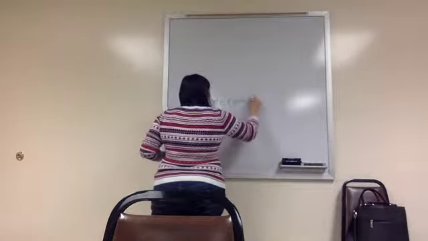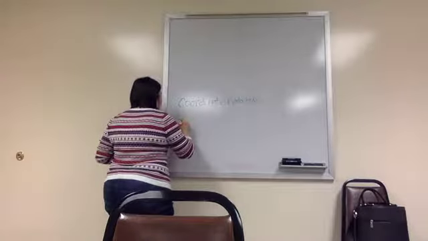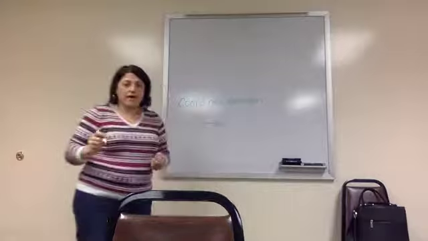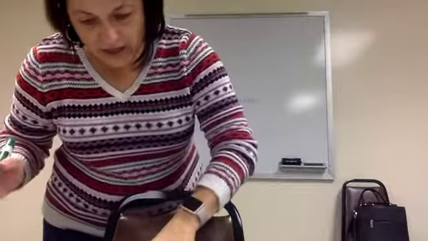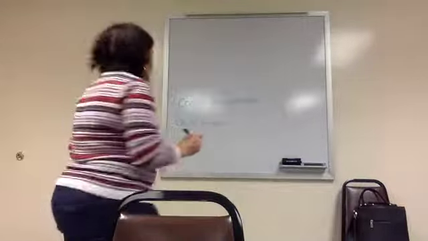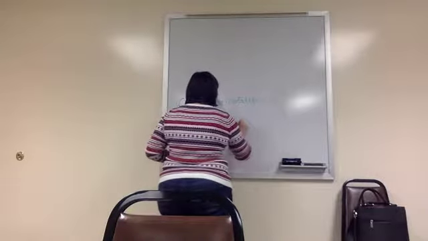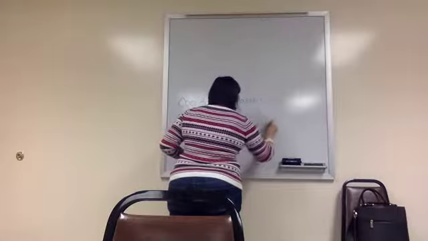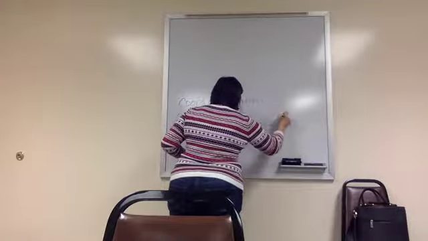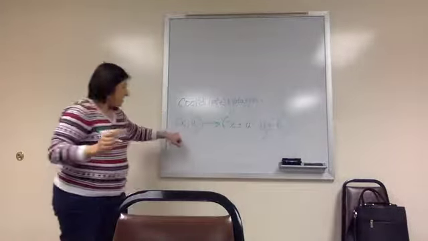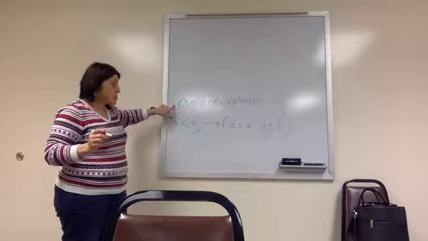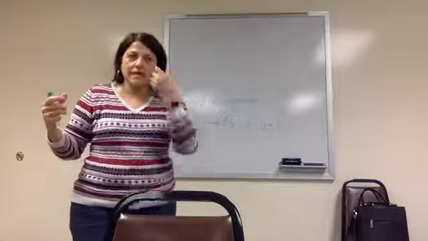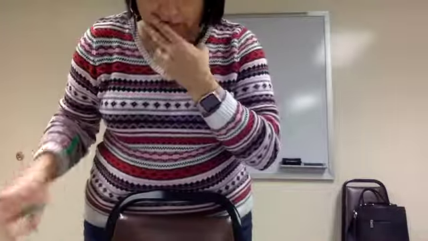What they say is you have a coordinate x, y, and it maps onto whatever x plus or minus some quantity a, and y plus or minus some quantity b. That's one way. You should know this notation because there's also going to be vector notation, and they're saying the same thing, but they'll do it differently.